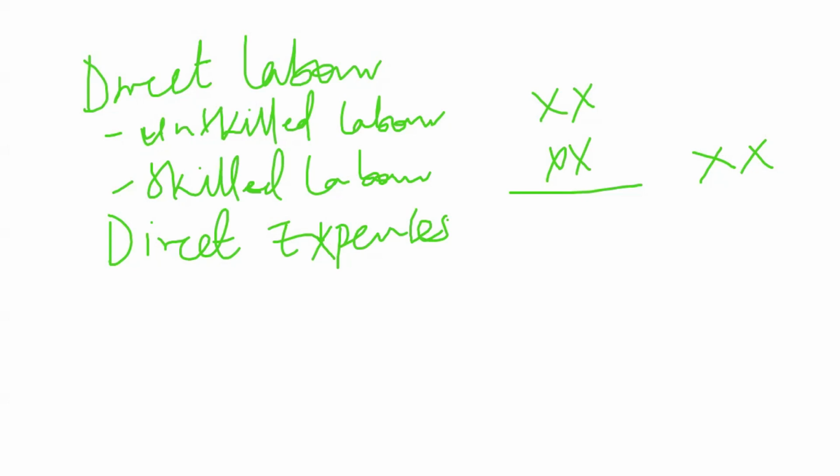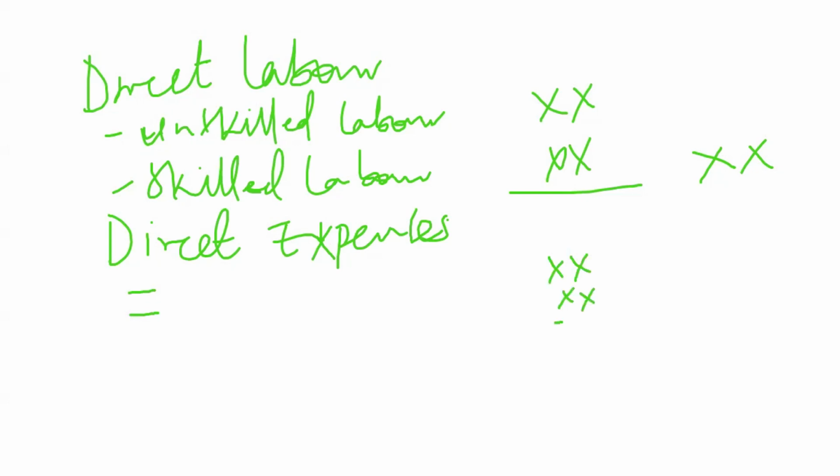However, you may find a question that has many direct expenses. This would mean that you have to list them here. Maybe someone has hired a crane for lifting loads and all that. Those are expenses. So when you have them here, you list them and you give their totals for each line item.